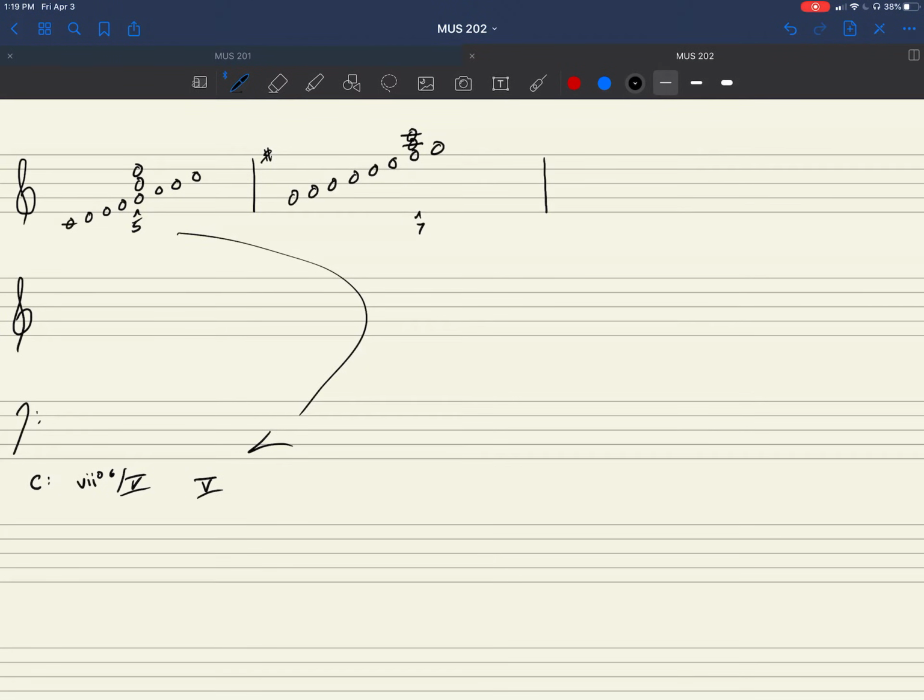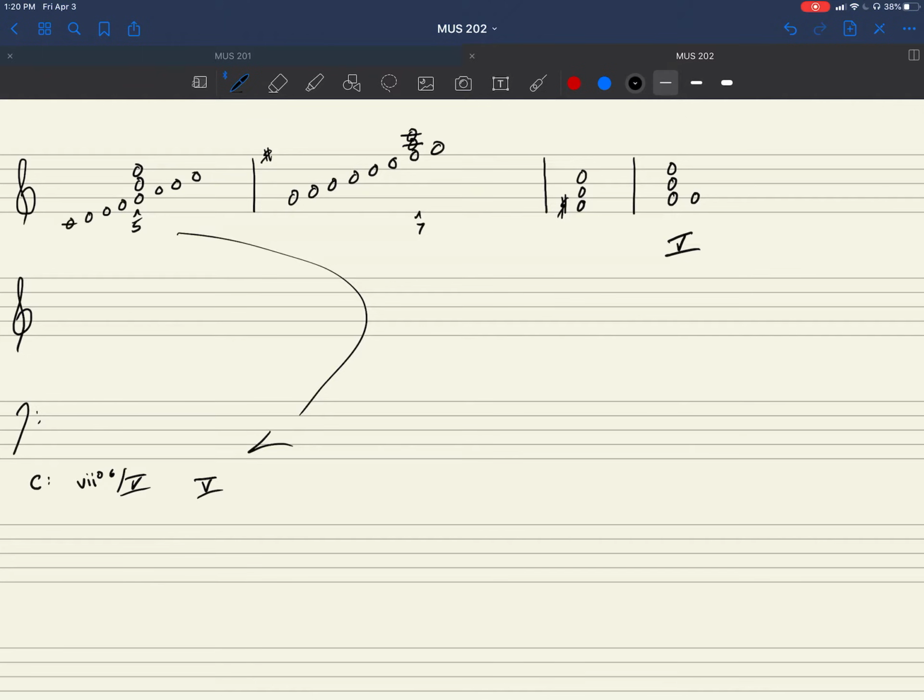So what I'm going to do is my little shorthand here. So I'm going to have my F sharp, my A, and my C. And then I'm going to have my G, my B, and my D. So with leading tone chords, for the 5 chord, you're going to still want to double the root. This is our 5 chord.